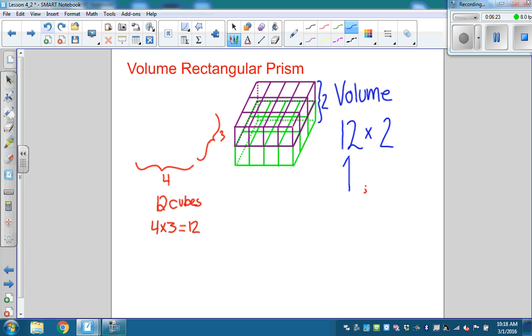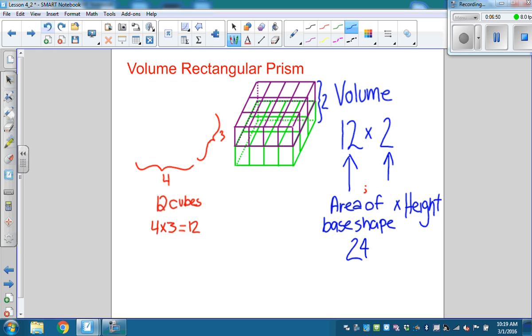So this represents the area of the base shape, times the height. And in our case, that's 12 times 2. So the volume is 24 cubic units.